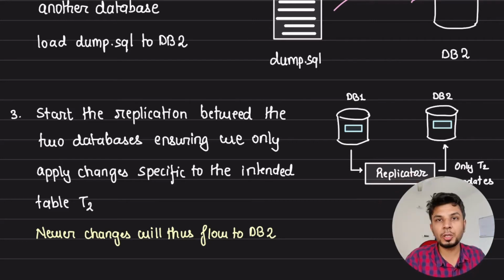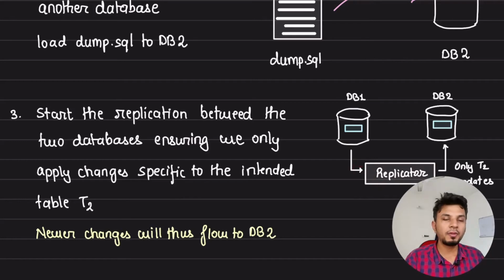This is an explicit job that you will write. In most cases, you will not be able to use MySQL's default replication because there are some extra steps or extra checks that you might want to apply, filter out some things and then apply. So you might not be able to use the default one, but there are tons of utilities out there in every language that you can think of.